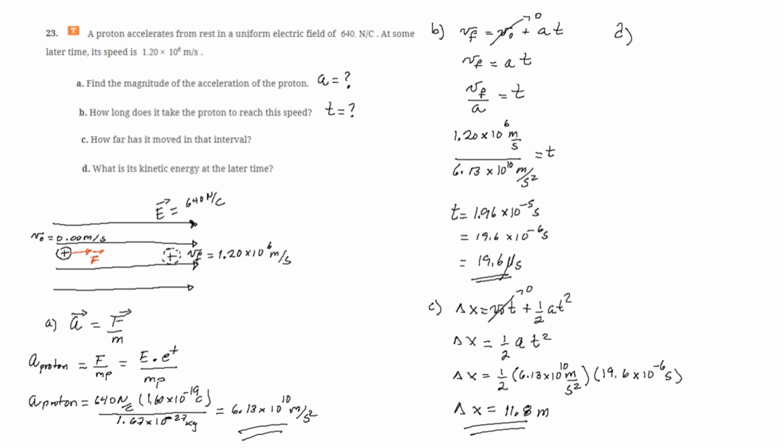Well, the kinetic energy of the proton will be equal to 1 over 2 the mass of the proton times the square of the final velocity.